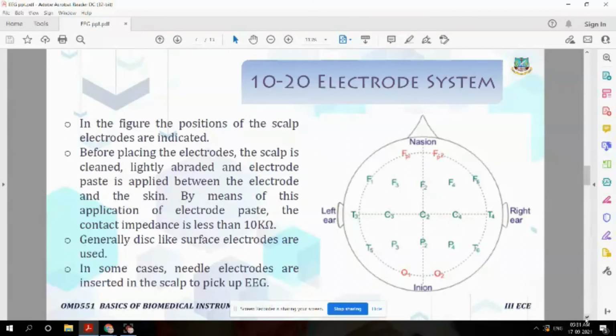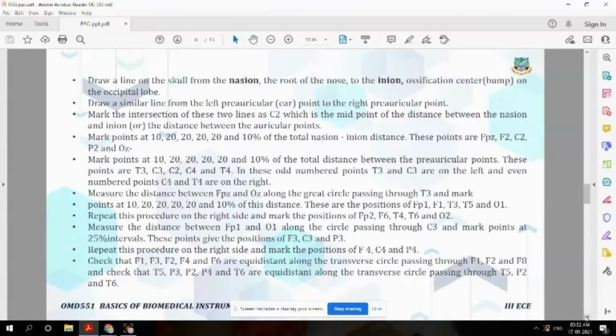So next we see the basic procedure, the steps we have to follow to fix the electrodes. First, we draw a line from Nasion to Inion, and next we draw a line from the left ear to the right ear.